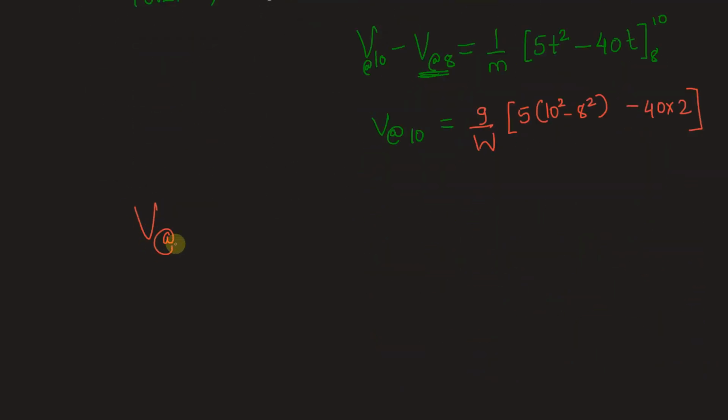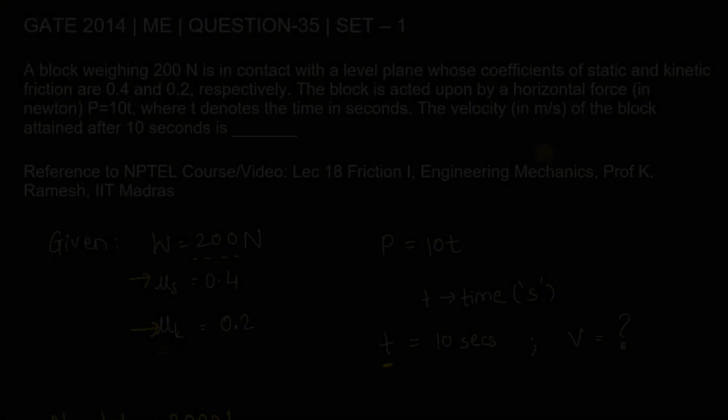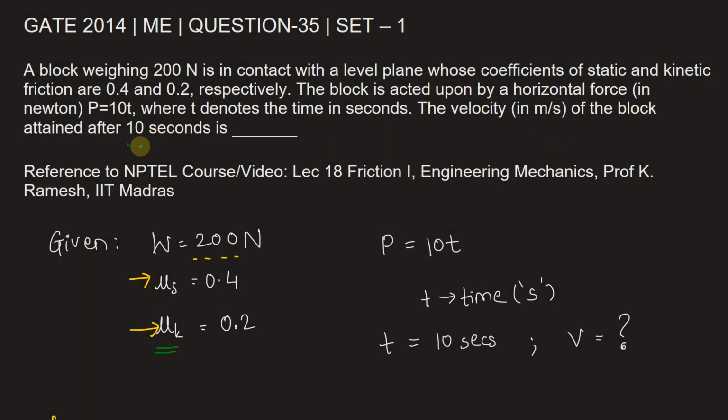We have velocity after 10 seconds is equal to 9.81 divided by 200 into 5 into 10 square is 100, 8 square is 64, 100 minus 64 is 36, into 5 is 180, minus 80. After calculating this in the calculator, the velocity we are aiming for is 4.9 meter per second. Let's go back and write the answer. The velocity in meter per second of the block attained after 10 seconds is 4.9 meter per second.